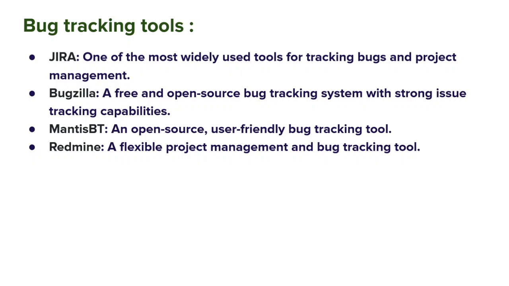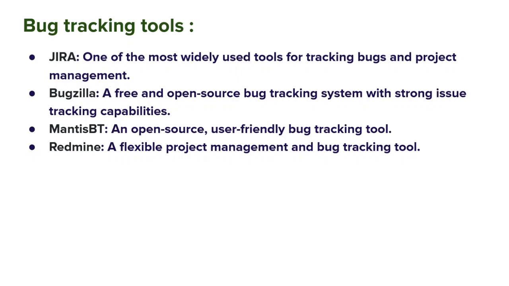So there are two types of tools. Some tools are only bug tracking tools, which are used for logging the issues, maintaining the issues, etc. And there are some tools which are used for bug tracking as well as other project management related tasks, for example, Jira and Redmine. These are overall project management tools used by different roles in the organization.